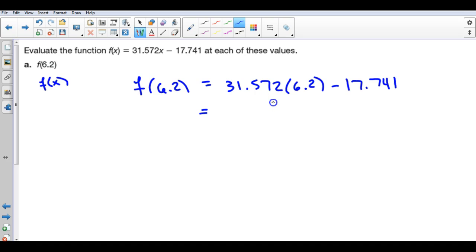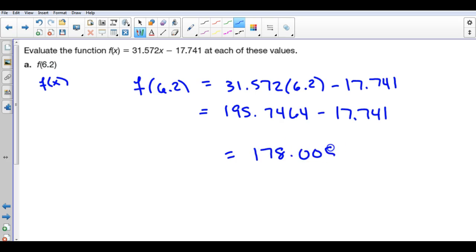31.572 times 6.2 is going to give me 195.7464, and I'm going to subtract 17.741 from that, and that is going to give me an answer of 178.0054, and that would be where your function is at 6.2.